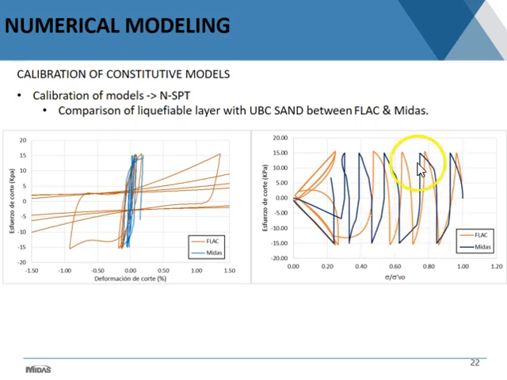There is some difference. This is only because of the different ways that the model is implemented in both programs. You can look at this in these plots, where you have the shear stress on the vertical and the effective stress at the bottom, or if you take a look at the loops.